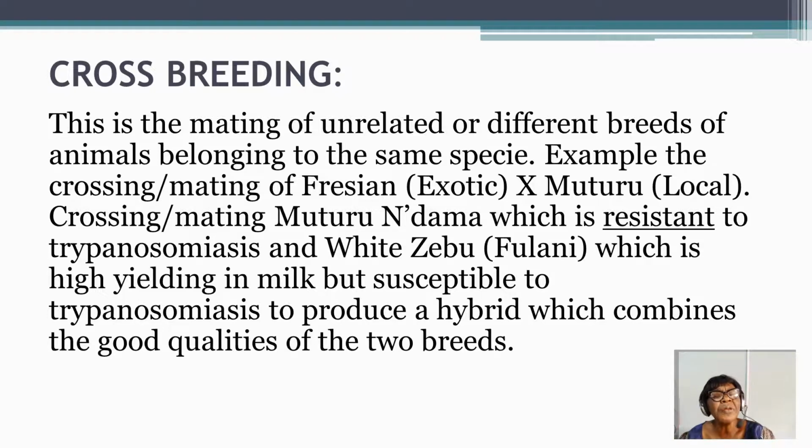Crossbreeding is the mating of unrelated or different breeds of animals, but they must belong to the same species. Unrelated, different breeds, but the same species.